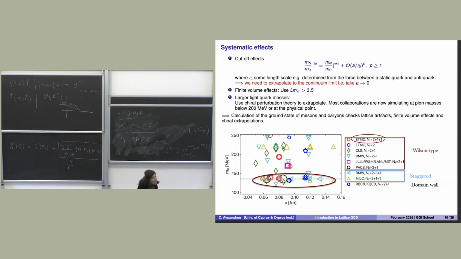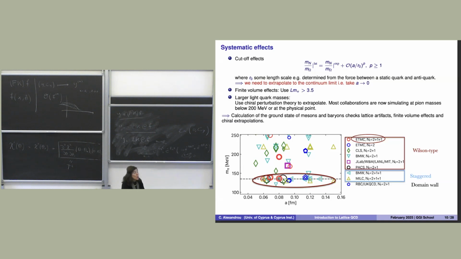CLS is a German collaboration: Mainz, Regensburg, these people. They do Clover improved fermions. BMW is Wuppertal, Budapest, and Marseille. That's what BMW stands for: Budapest, Marseille, Wuppertal.